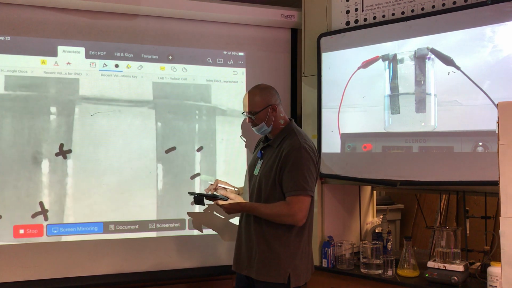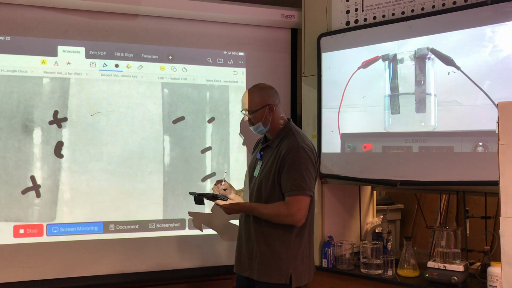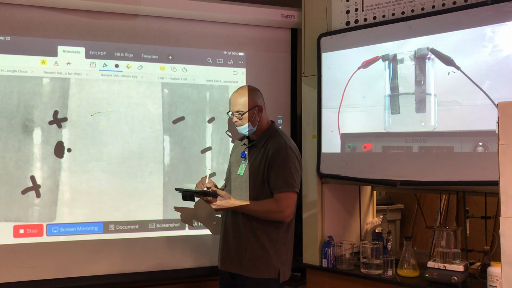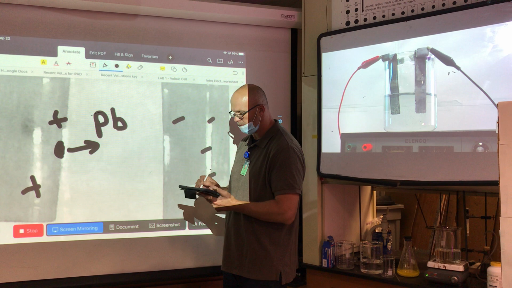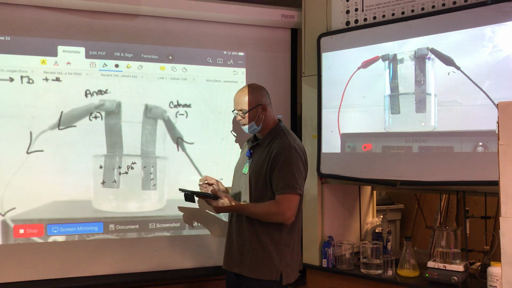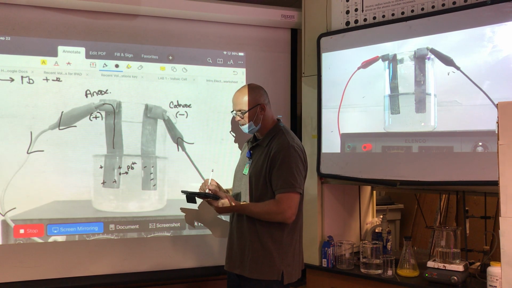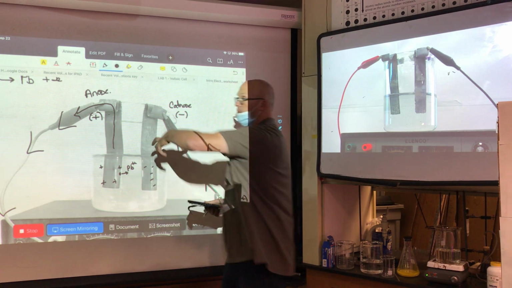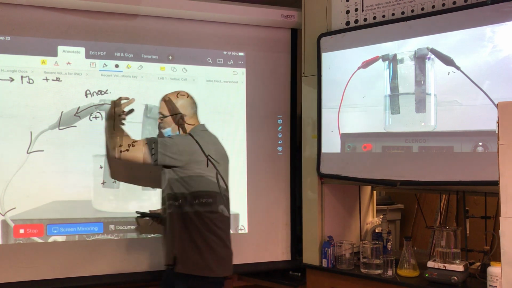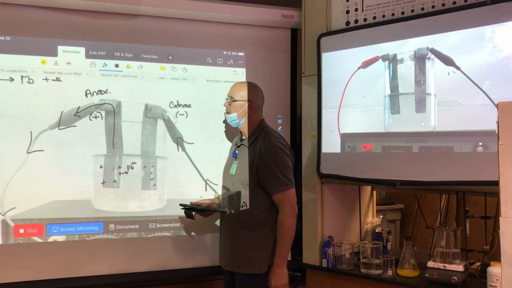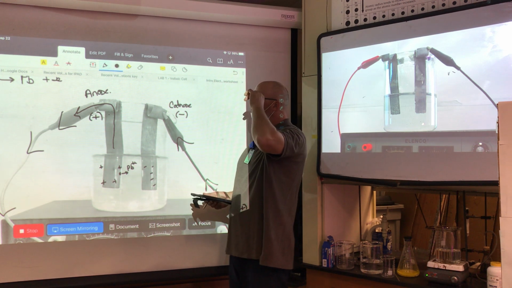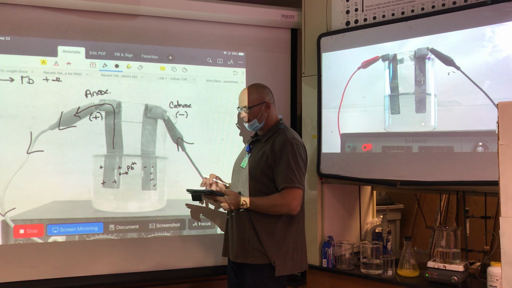A piece of solid lead becomes Pb2+. Electrons get shipped and are pulled to the cathode. The cathode is pulling on this. In fact, lead does oxidize on its own a little bit.